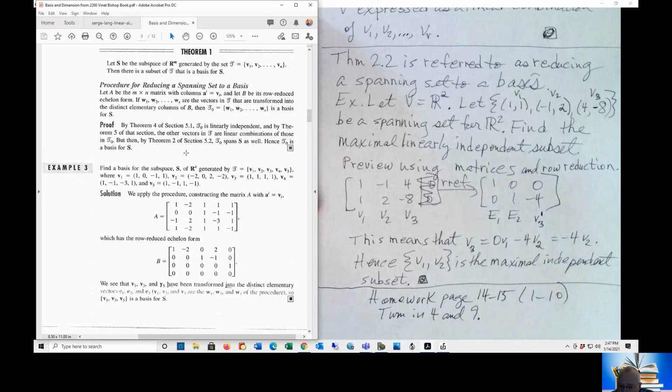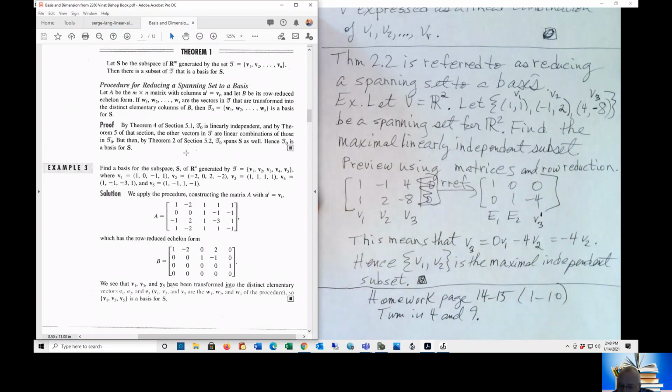But what that means is the following. That means that the third vector, v3, can be written as a linear combination of the first two vectors, v1 and v2 here. And the scalars that form that dependency are the entries of that column, namely 0 and -4. So that means that v3 is equal to 0 v1 minus 4 v2, or simply v3 equals -4 v2.